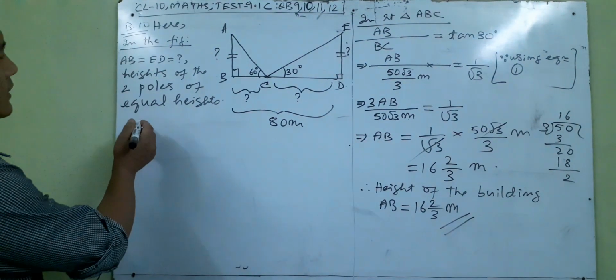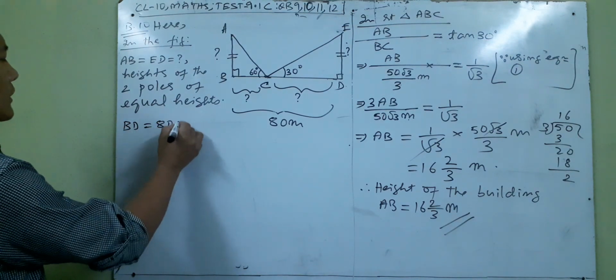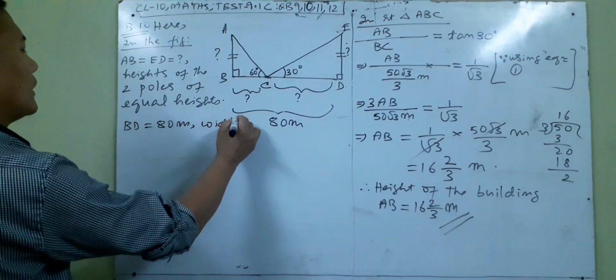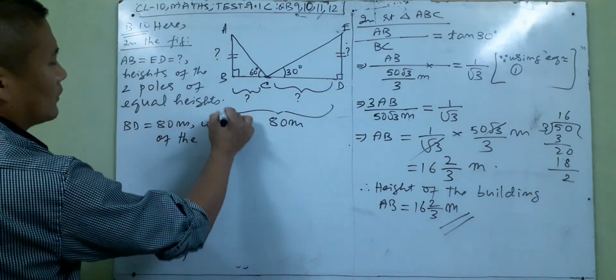Now next here, we have BD, the road. 80 meters is nothing but the width of the road.